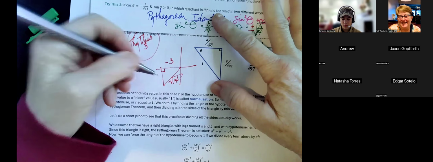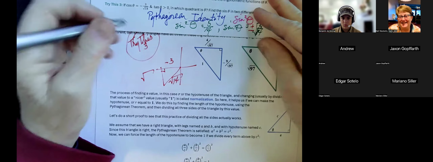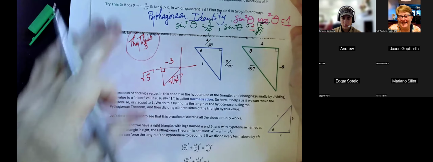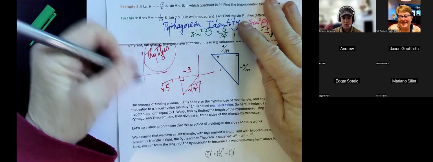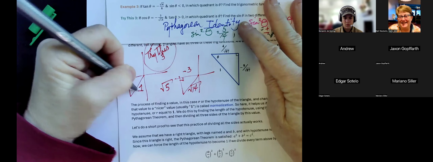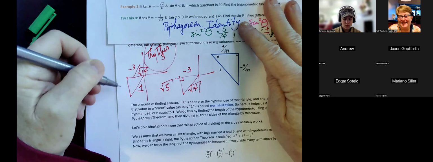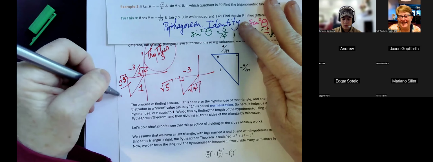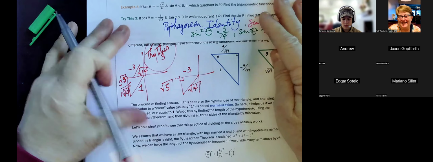And that would make the other leg square root of 5. So we could have these values, but we just saw that it's also correct to have negative 3 over square root of 14, negative square root of 5 over square root of 14, which is the same as negative square root of 5 over 14.